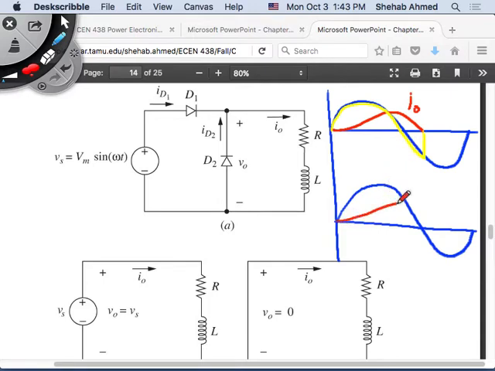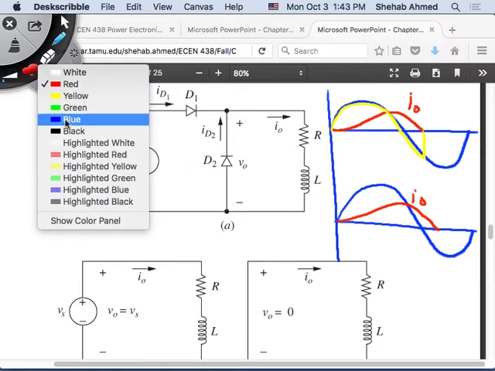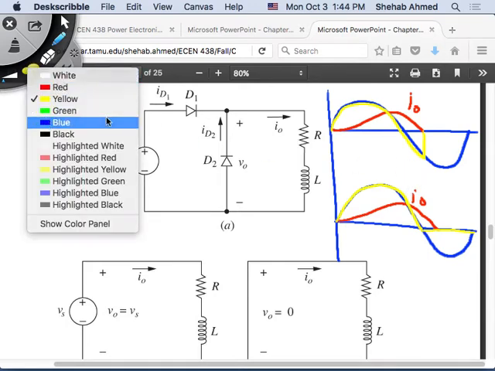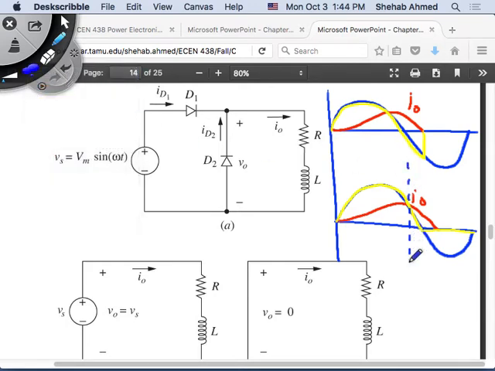It's going to be the same. I output will be the same. What will change will be the output voltage. Output voltage will look like input voltage all the way until here, right? And then 0. And then we said that at this point, this border here is the difference between the two circuits.